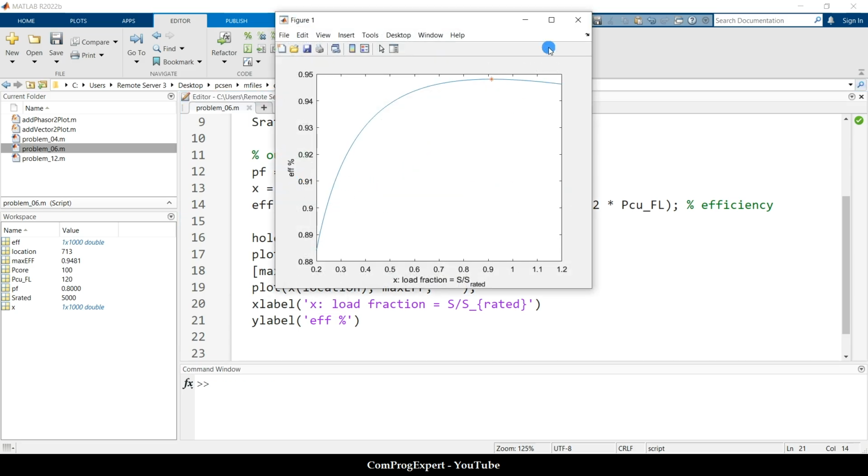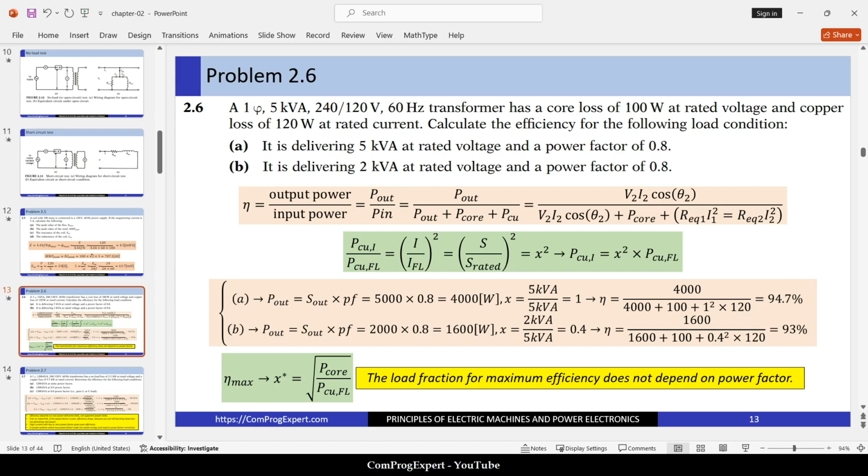Yes. So here we have a maximum efficiency that is equal to 94.8%. What is the load fraction here where we get the maximum efficiency? It is equal to 0.91. Let's check.